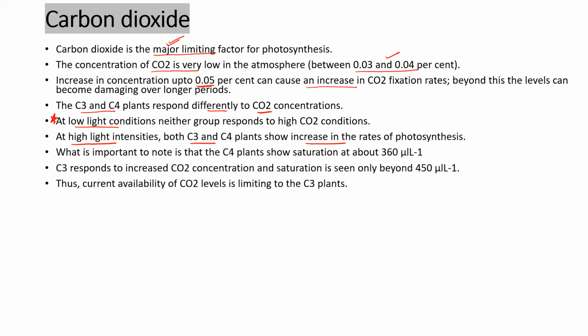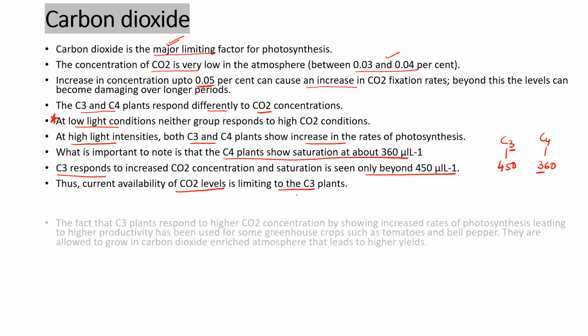What is very interesting to note is that C4 will show saturation at 360 and C3 will show saturation only beyond 450. C3 at 450 and C4 at 360, never match the same thing; 3 and 3 should not come together. Understood, beta? Thus, right now, availability of carbon dioxide is limiting to the C3 plant.